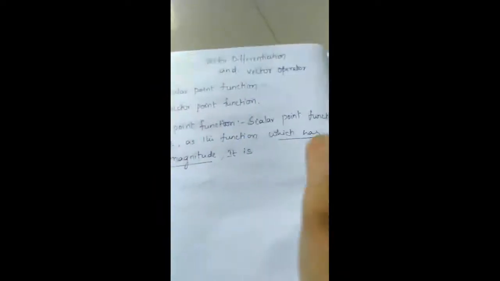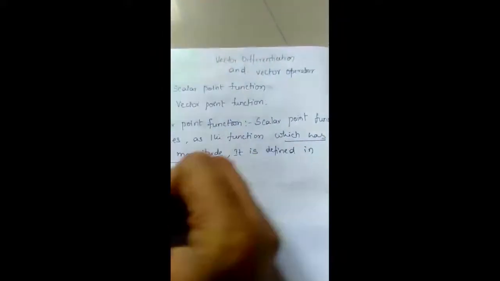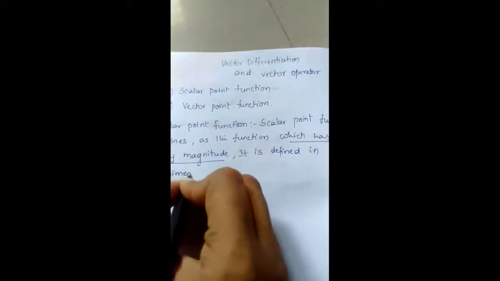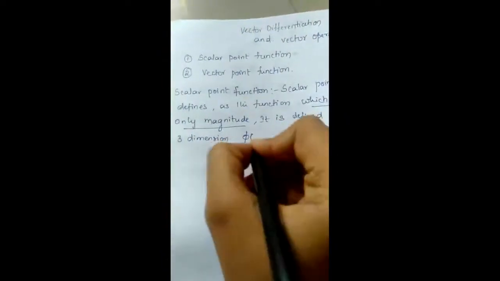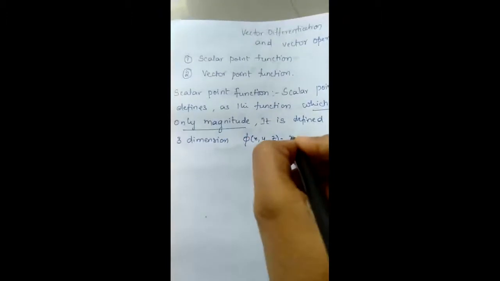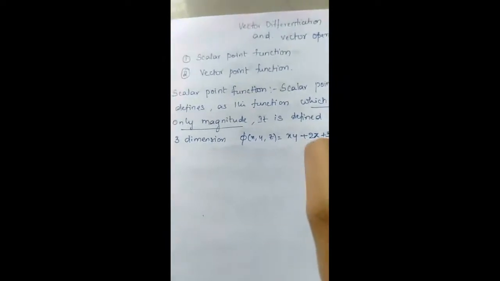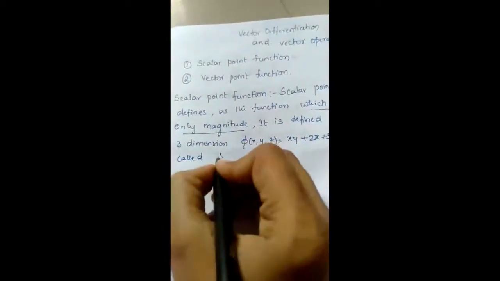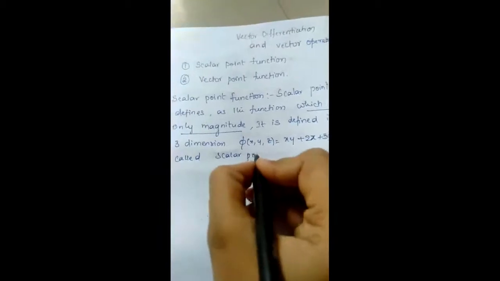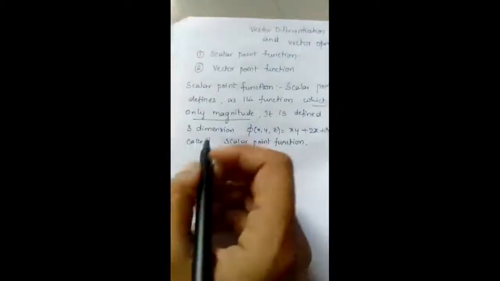It is defined in three dimensions, for example phi of x, y, z equals xy plus 2x plus 3xz, and this is called a scalar point function.